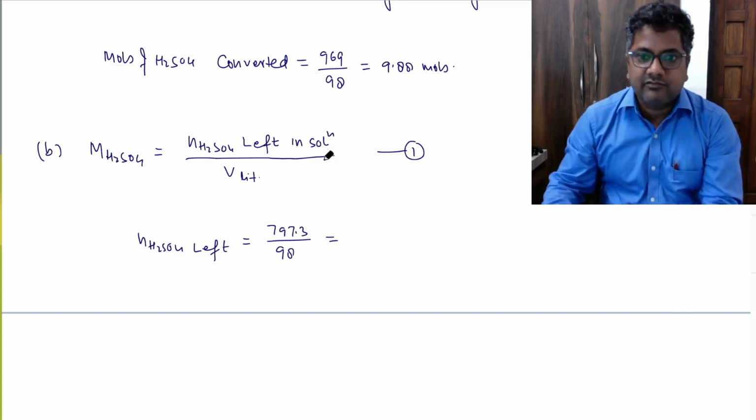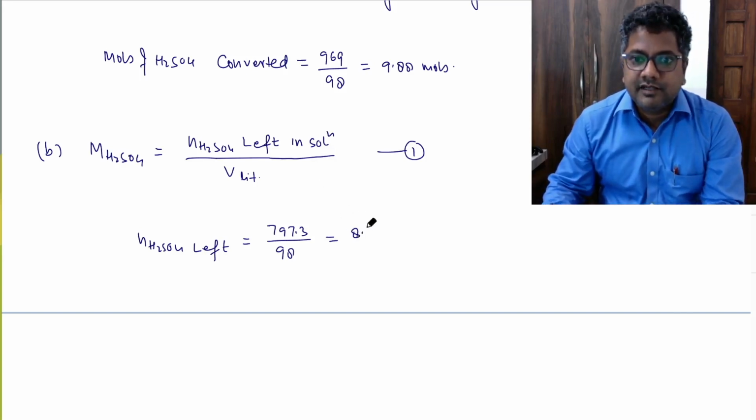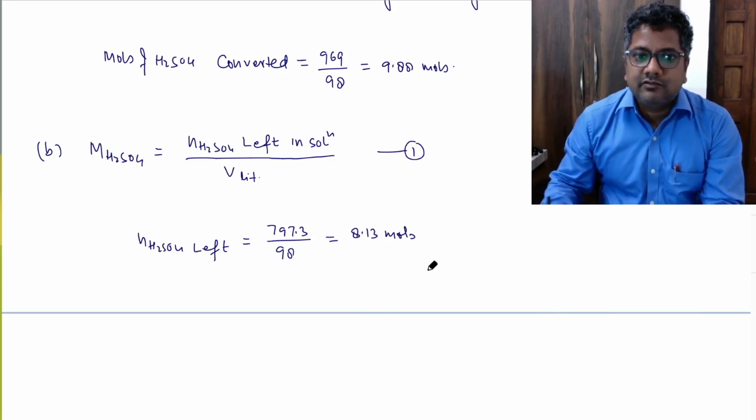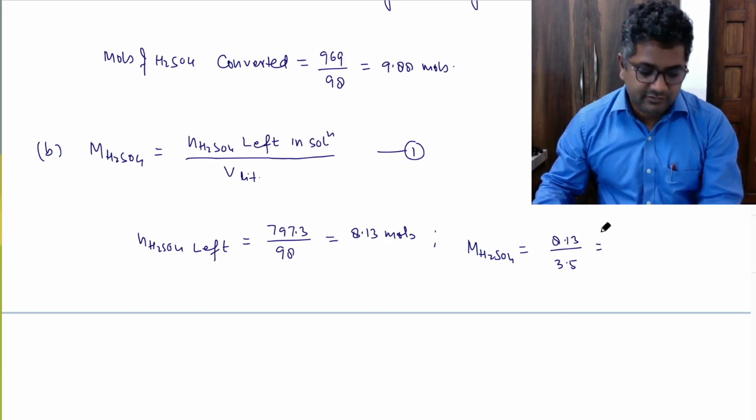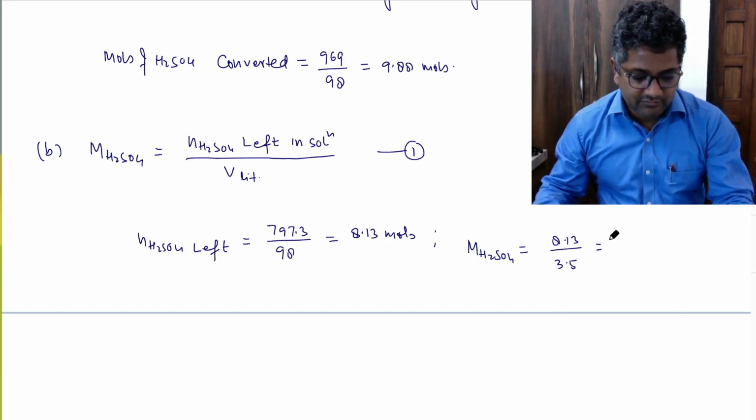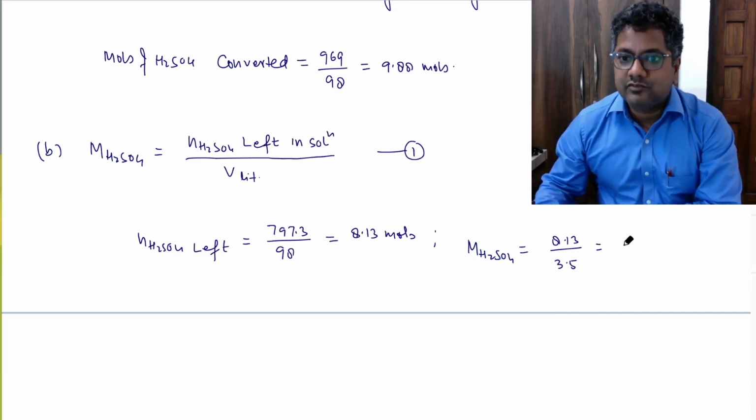So this is 8.13 moles. So molarity of H2SO4 is equal to 8.13 divided by 3.5, so 2.32. So this is the answer of the second part.